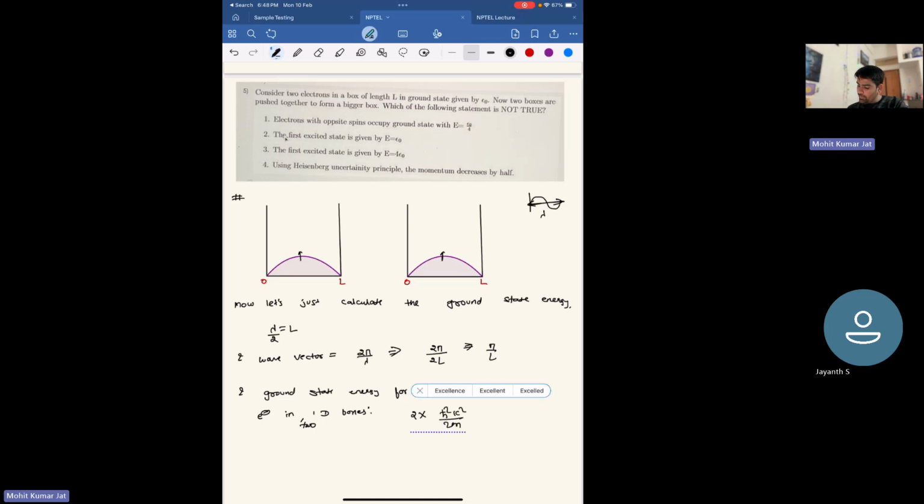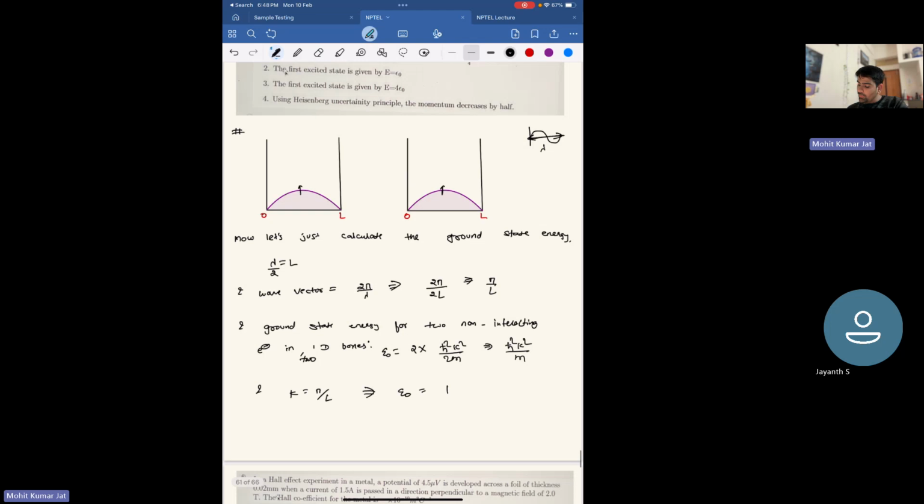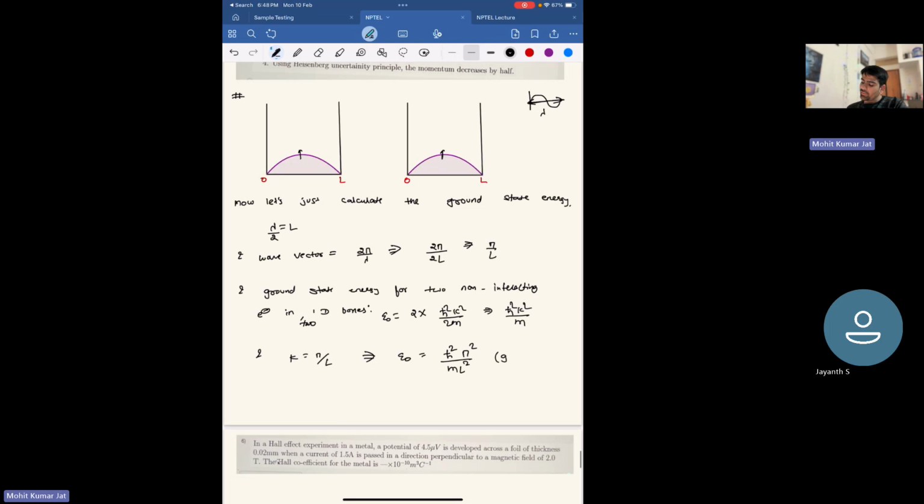That will make more sense. So this is h bar square k square by m, and k is nothing but pi by L. This tells me that the energy epsilon naught, E naught, whatever the question has given, is h bar square pi square by m L square. This is the ground state energy, as the question has given.